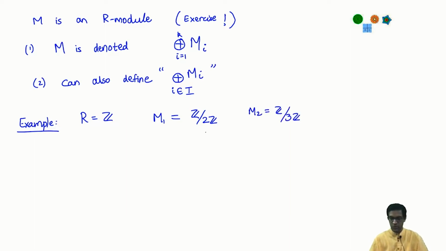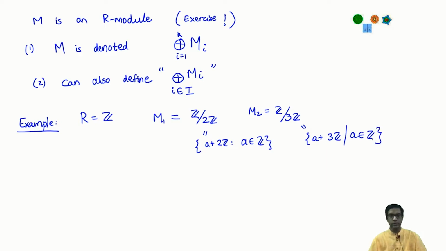This comprises all cosets of the form a plus 2Z, a running over the integers. So really there are two cosets, the odd and the even numbers. The other comprises all the cosets congruent to 0, 1 and 2 modulo 3, and of course these are both Z-modules.